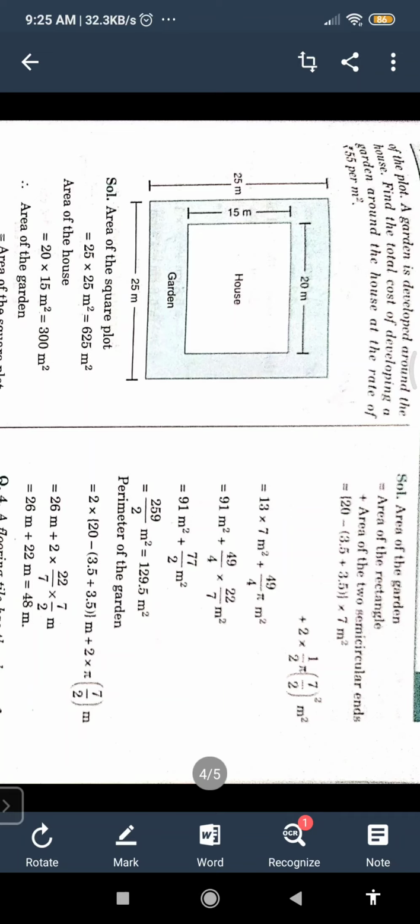Okay, 13 sevens are 91 meter square plus 49 upon 4 multiply 22 upon 7.